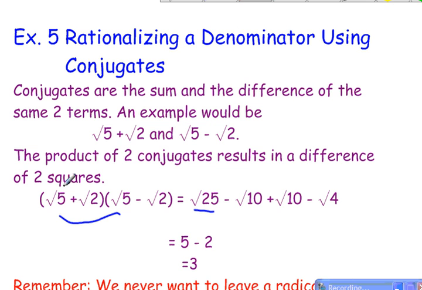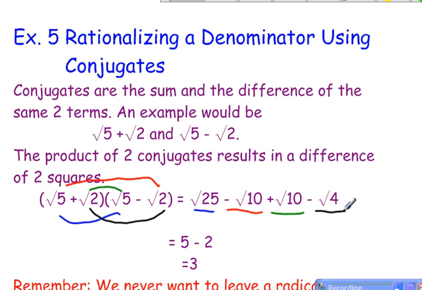My outside, square root of 5 times negative square root of 2 gives me negative square root of 10. My inside, square root of 2 times square root of 5 gives me plus square root of 10. And my last times last gives me negative square root of 4.